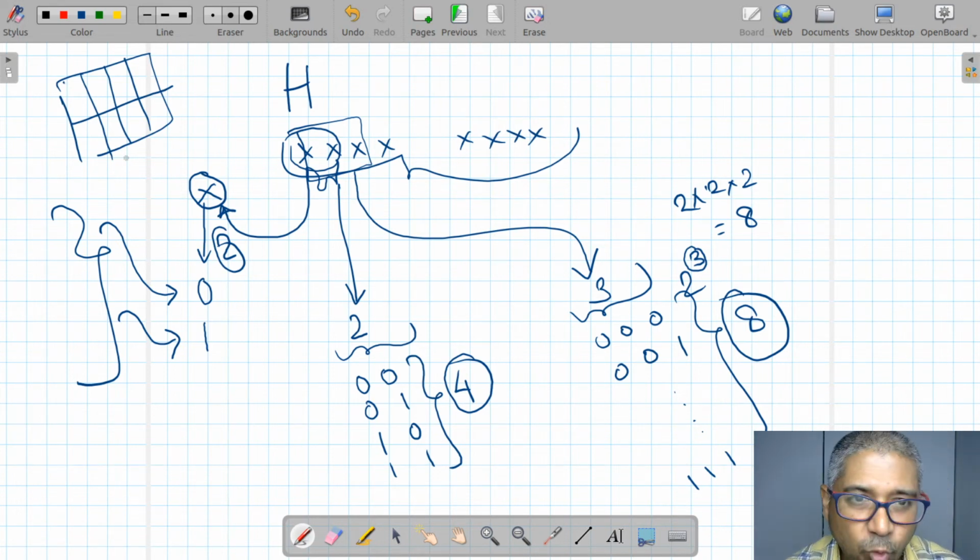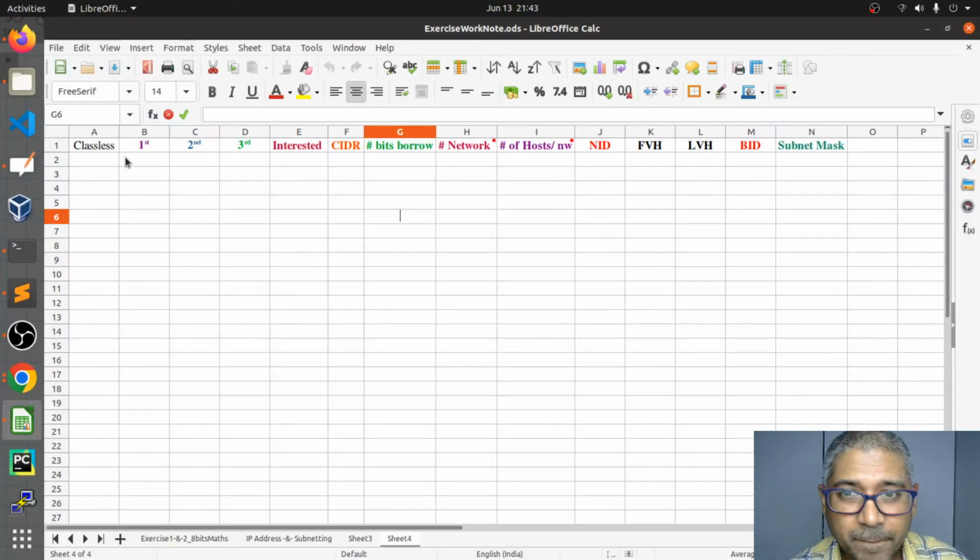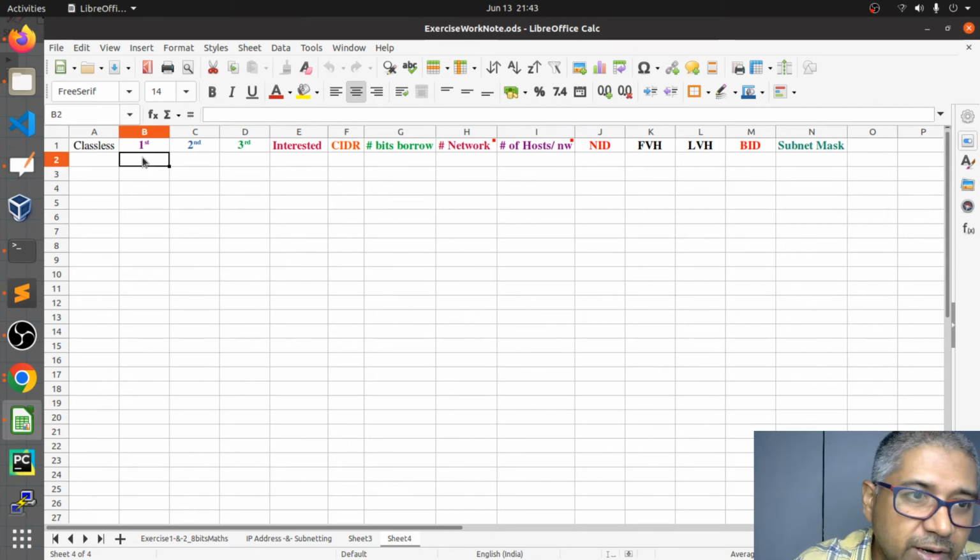We will move the bits and we will understand the network IP address, because every network has a network ID as well as a broadcast ID. Every network we studied, do you remember? Right? Yes, sir. So let's do that.